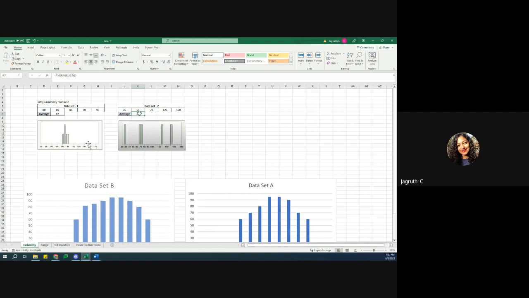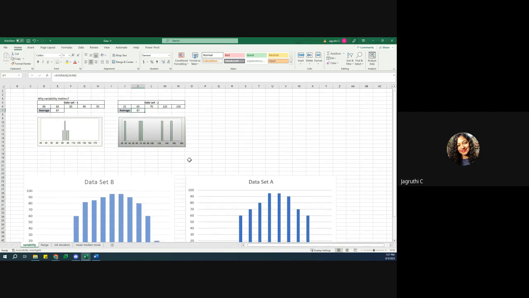But if you plot these data points on a graph, this is how it looks. In the first, all the data points are fairly closely placed next to one another. But in data set number two, the data points are scattered. The reason this becomes important is when you want to make decisions.